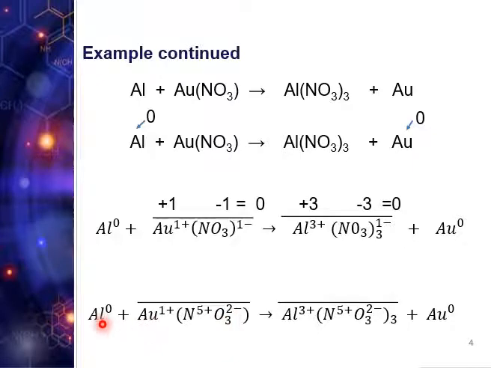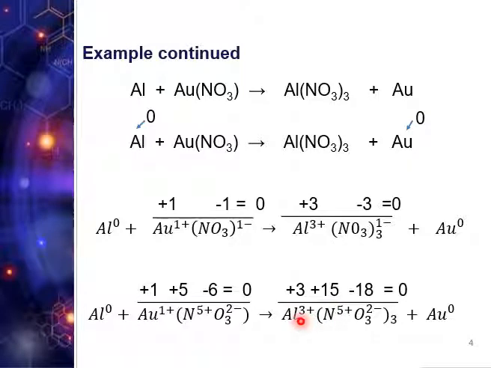So we know that the gold is plus 1, the oxygen is a minus 2. The one in the middle, the nitrogen, can change. 3 times a minus 2 is a minus 6. A positive 1 and a plus 5 is equal to a negative 6, which is 0. On the other side, again, we need to do each element. And we're looking at the one in the middle can change.